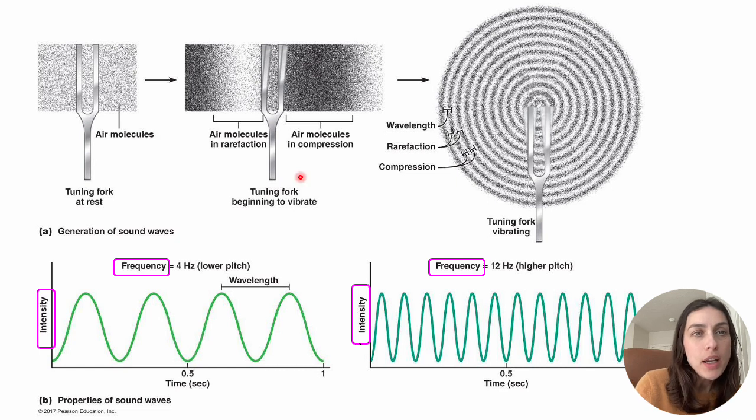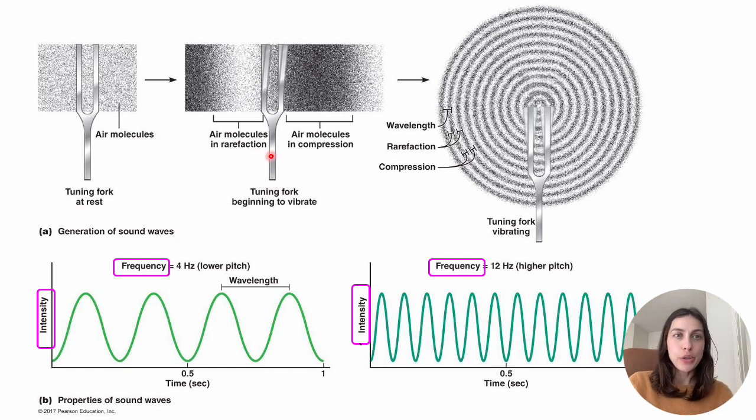Okay. When you hit that tuning fork on your knee, it starts to vibrate. So the two sides, I guess it would be like this. Two sides of the fork are vibrating. And when they do that, they just shove all the air molecules that were near it. And they shove it kind of in waves like that, creating these refraction waves of molecules.